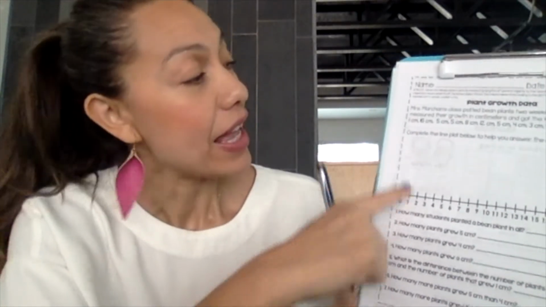If I have 1 centimeter here, I am going to look down at my line plot, look for 1, and record that plant that grew 1 centimeter. Then I'm going to look at the next one. It says 16 centimeters.